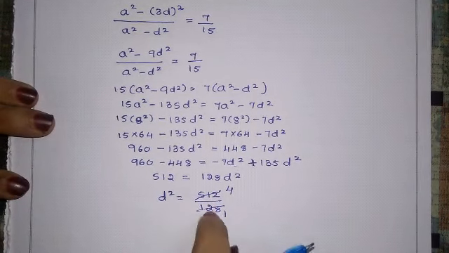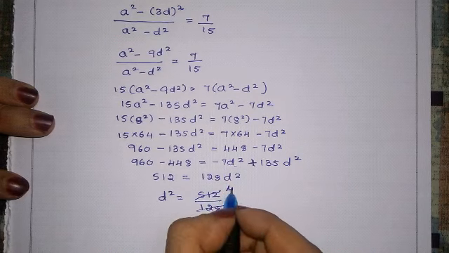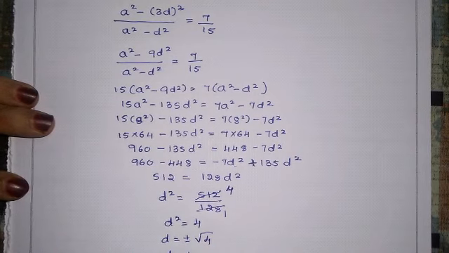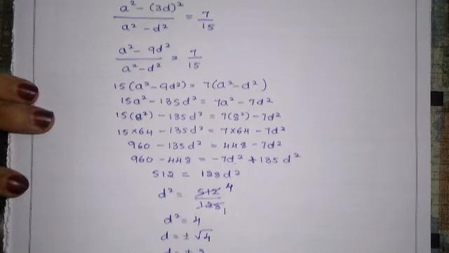So d² is equal to 4. d is equal to plus or minus root 4, so d is equal to plus or minus 2.